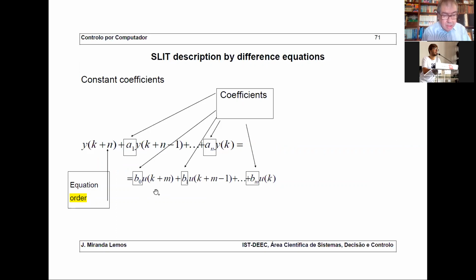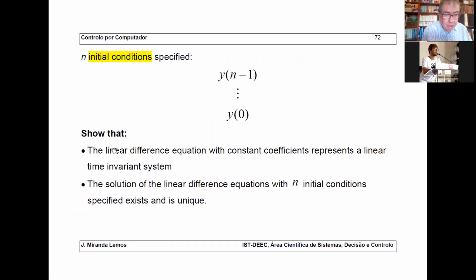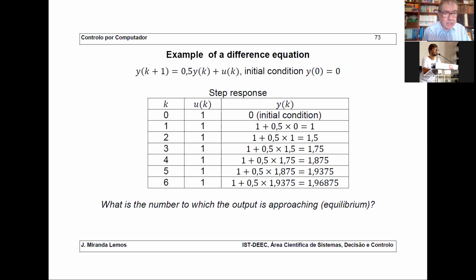And you have m plus 1 terms here. So you need to know the first values of y, the first n values of y, to start to compute y of k plus n, and then you iterate. Let's see an example. In this case, n is just 1.